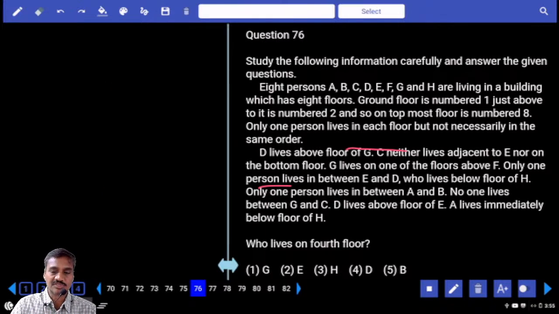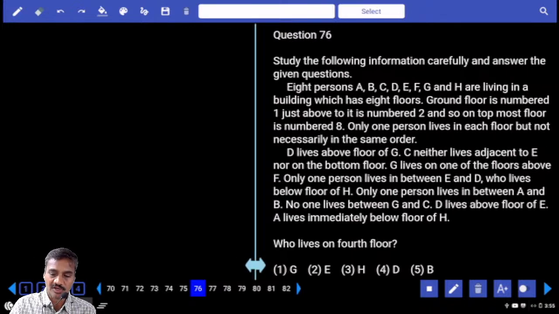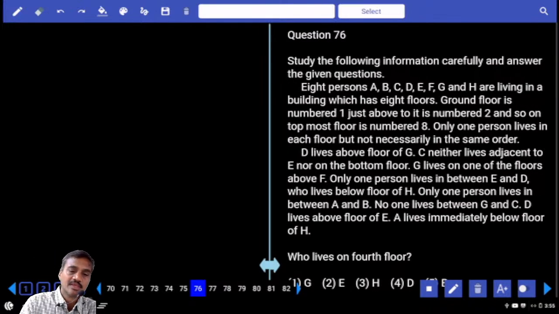The next one, 76 onwards. Now it is based on floor arrangement, and how many persons are there? 8 persons. There are only 8 persons who are staying on these 8 different floors, 8, 7, 6, 5, 4, 3, 2, and 1.